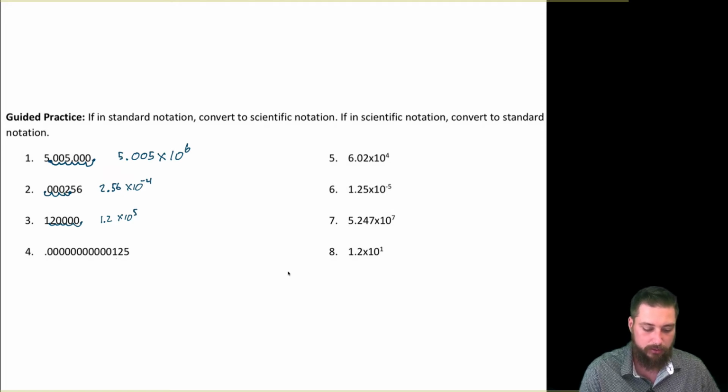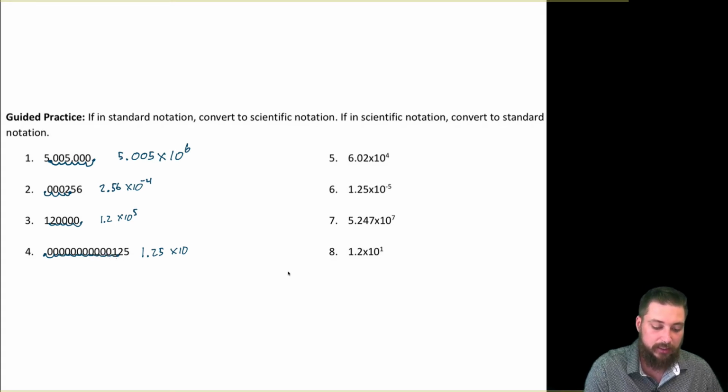So we are going to move the decimal point from here to there. And so we end up with 1.25 times 10 to the 1, 2, 3, 4, 5, 6, 7, 8, 9, 10, 11, 12. And that is a negative 12 because it is a small number. And so that is the answer for that one.